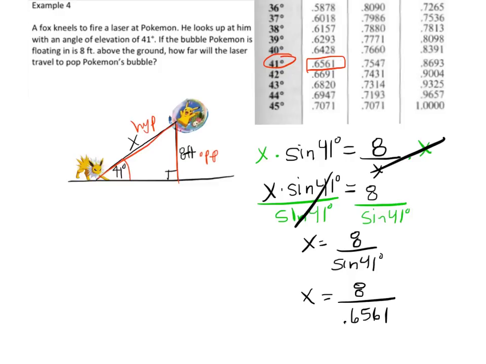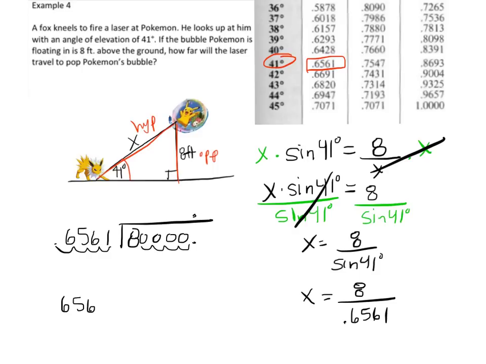Here we go. I have 8, and I'm dividing it by 0.6561. That's 4 decimal places, 1, 2, 3, 4. That's 4 zeros. So that means I'm really taking 6,561 and seeing how many times it fits into 80,000.